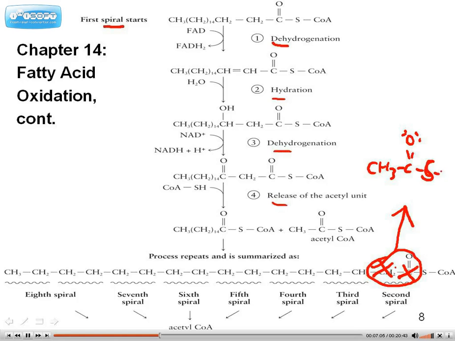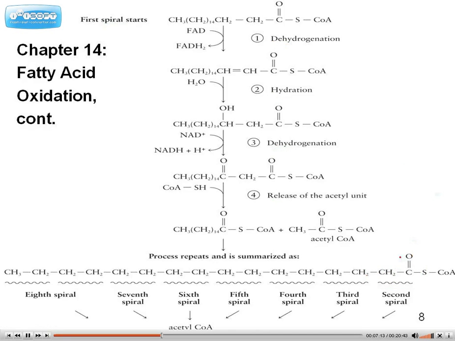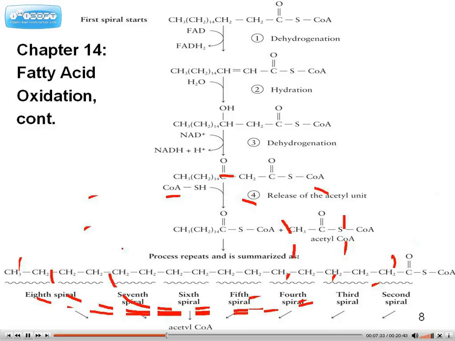So let me draw my sulfur, coenzyme A. So we're going to release it in the form of acetyl coenzyme A. Because this is a repeating degrading process where we release 2 carbons at a time, we call this a death spiral, aka a spiral.